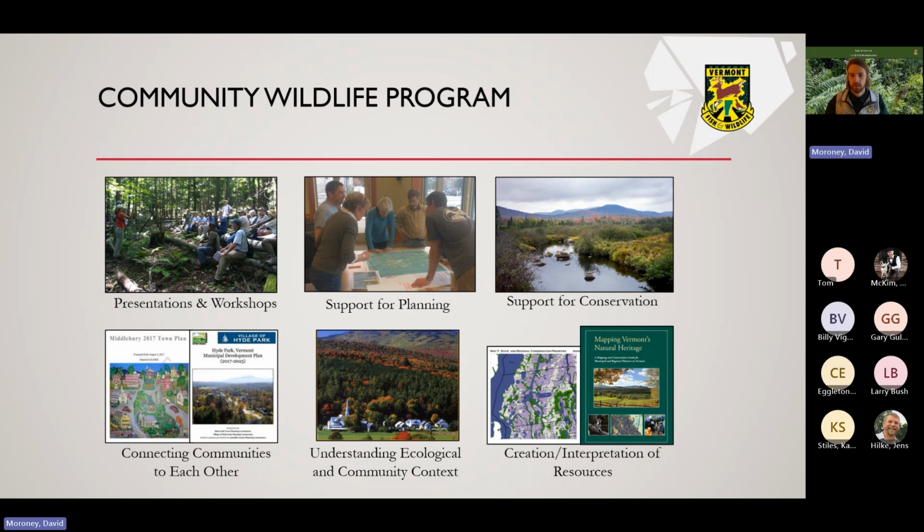Now, that's what brings us to this webinar presentation in this series that we've been conducting all spring, but it also brings us directly to towns. We're here to support planning, support conservation, and help you understand the ecological and community context in which you live. So please feel free to reach out for us for general assistance. And also, if you have any questions from the presentation today.